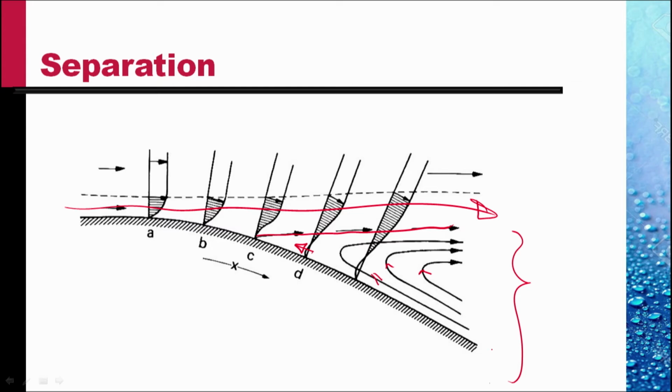Since an increasing pressure, that is dP by dx positive, leads to separation, which is not a desirable condition, such a pressure gradient is called an adverse pressure gradient. And wherever the pressure gradient is negative, that is, pressure is decreasing in the streamwise direction, we call that favorable pressure gradient.